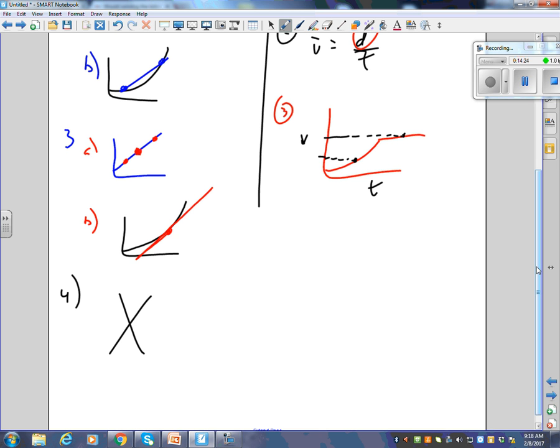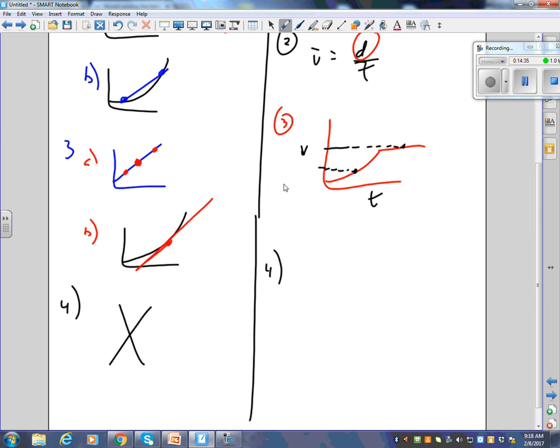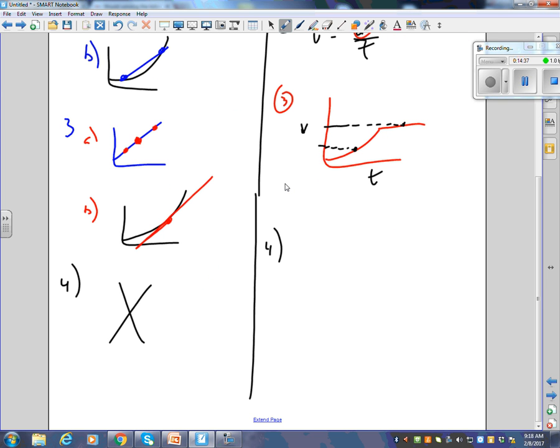Number 4. Now, this is on the back side. Average acceleration. All of this stuff is exactly the same as what I just went through with average velocity over here. Okay? So, instantaneous or average acceleration, straight line graph. If it's a straight line graph and you want to find average acceleration, you find the slope between 2 points.